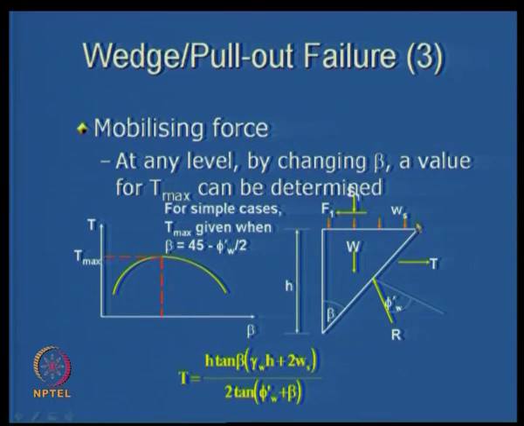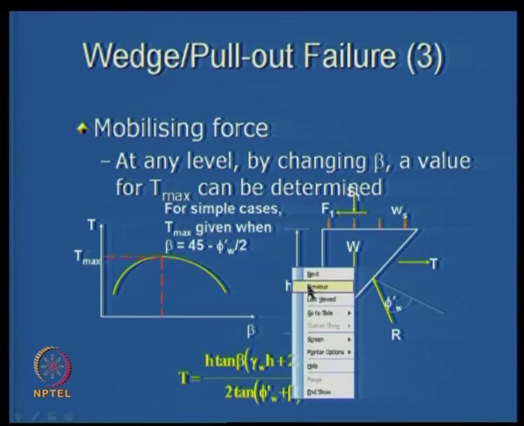These are all the forces that can act, and for a simple case of only surcharge acting, a simple expression can be derived. This is just based on the force polygon, and one can calculate this expression by resolving into vertical and horizontal forces appropriately. For any level, by changing beta, we investigate this T max for different betas.